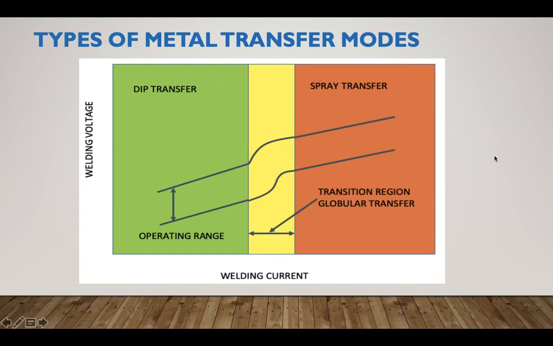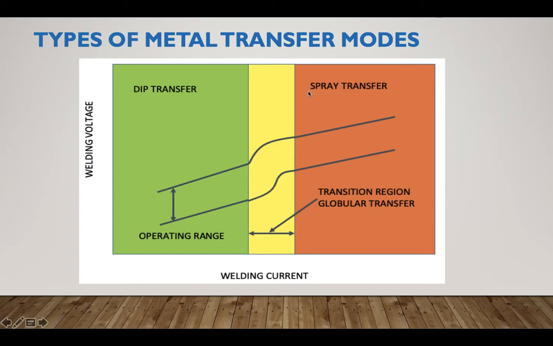For the metal transfer modes to occur, there are some requirements: we need a certain voltage and a certain current. So there may be some value of current and voltage at which we will achieve each mode of metal transfer.